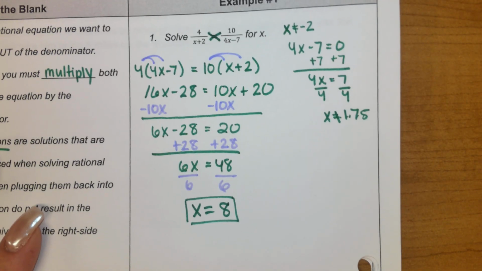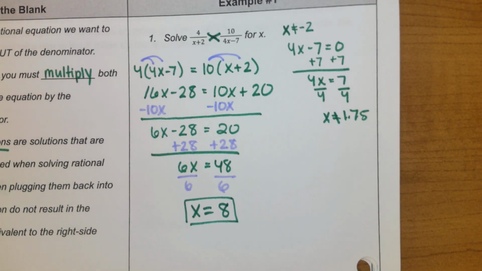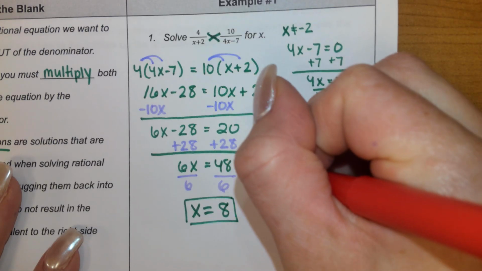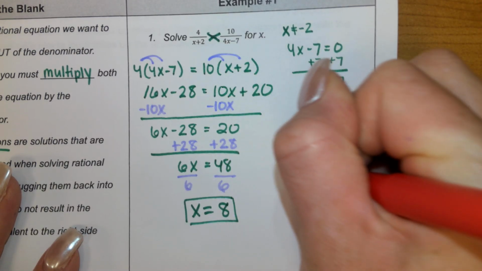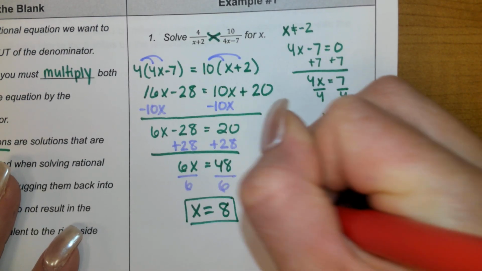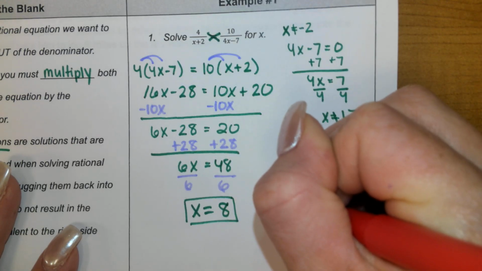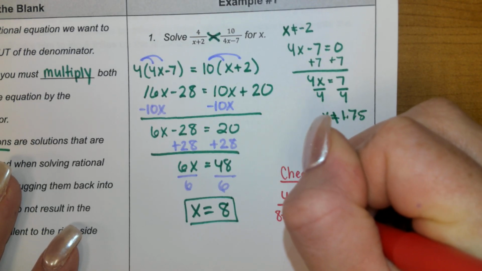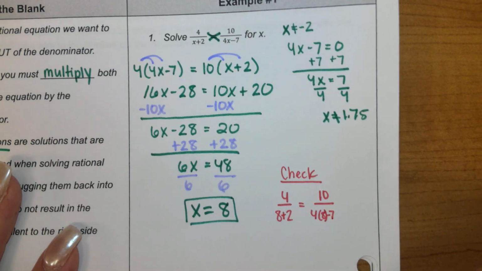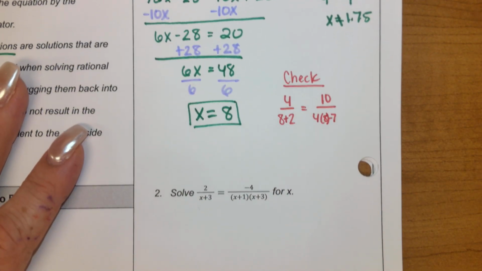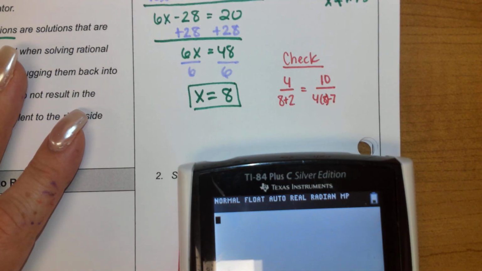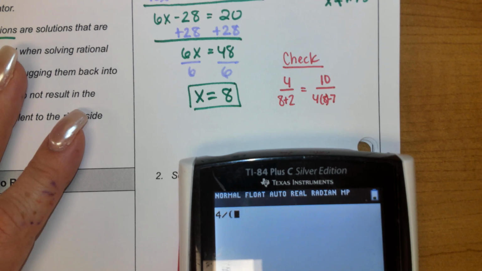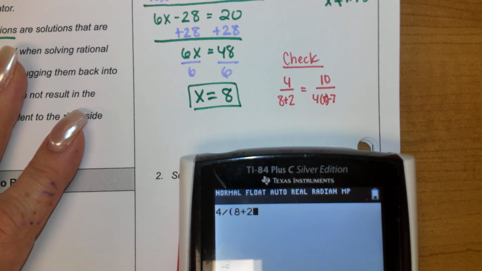We can also check our work too. So if I plug it back in, if I do 4 divided by 8 plus 2, it should be equal to 10 divided by 4 times 8 minus 7. So if I do 4 divided by 8 plus 2, I get 0.4.